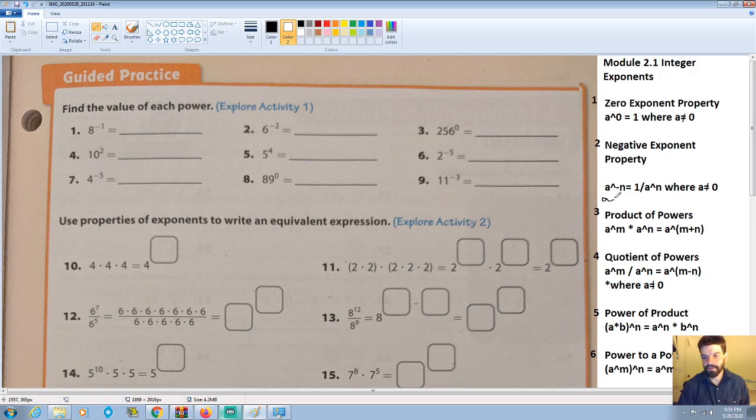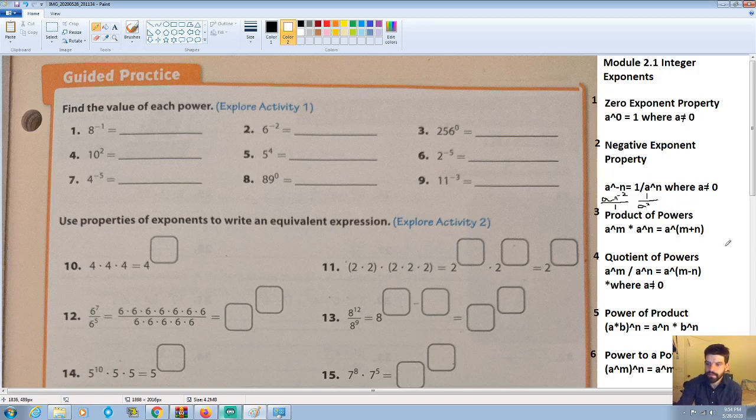If you had a to the negative 2, think about any number as just itself over 1. So you're basically going to flip it, and you're going to now represent this as a positive exponent, a to the second power in the denominator. So when I say that we're going to reverse the orientation or position, that's what I'm referring to there.